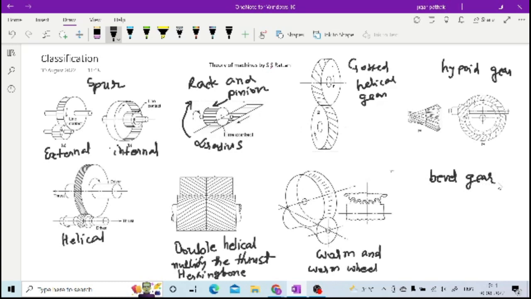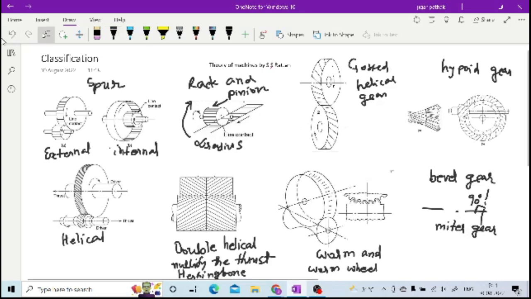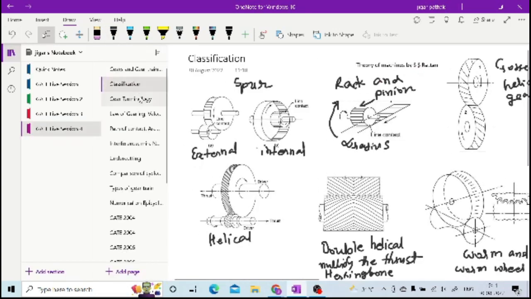Your figure is not mentioned, but bevel gears are that kind of gears; in that you are having mitre gear when the axes of the shafts are intersecting each other at 90 degrees. It is a special type of gear which is used in the differential gearbox. So this is how you are having different types of gears.